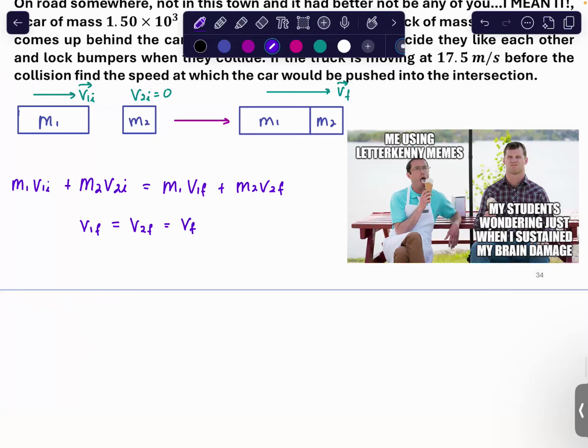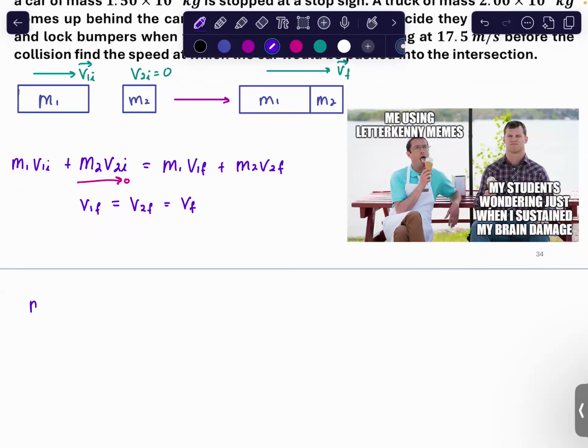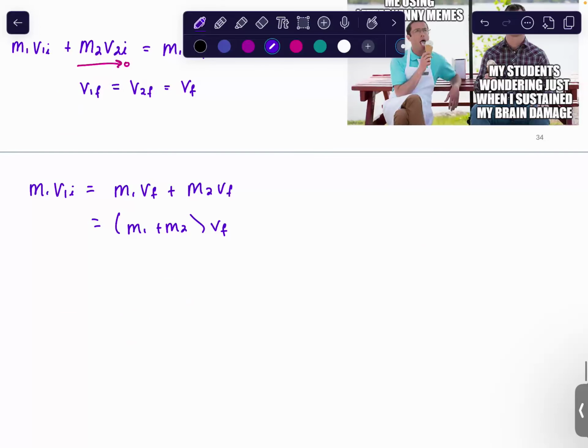Okay, so we also know that in the beginning, mass 2, the car, is not moving. So now we can say that we have mass 1, V1 initial equals mass 1 V final plus mass 2 V final, which is going to equal mass 1 plus mass 2 times V final, and I factor out the velocity.